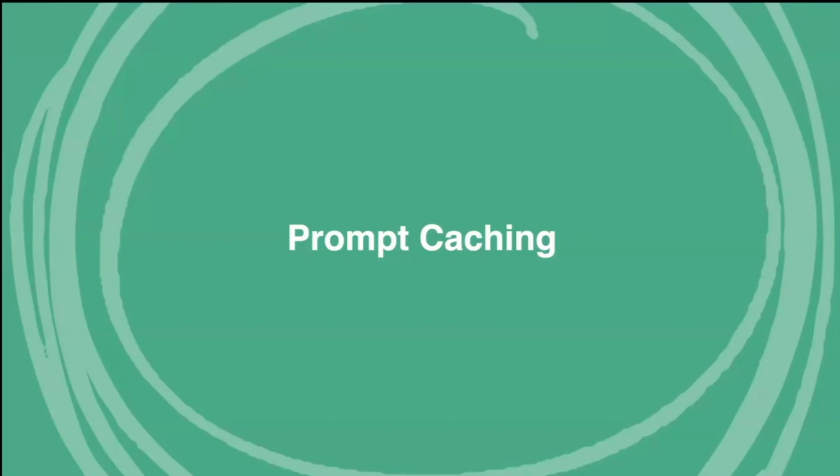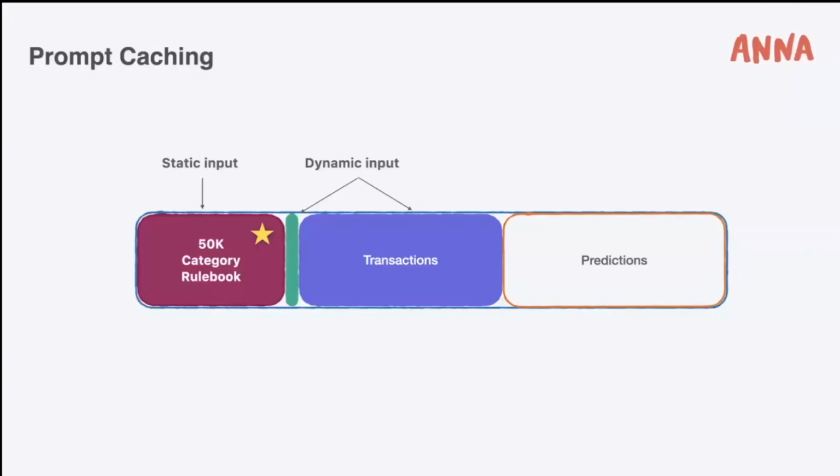Customers just tell them which parts of their prompt are static, and for these static parts they save the cache once and then reuse it later. So let's have a look at our request. We know that the static part is the system prompt, other parts are dynamic. So we can apply prompt caching to the category rulebook, which is long, 50,000 tokens.